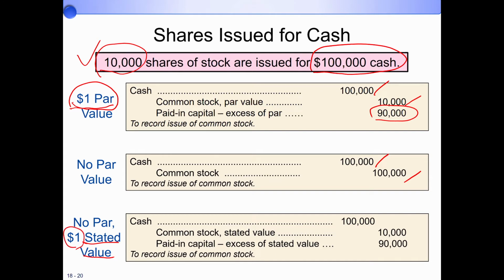Even though it's no par value, we voluntarily choose $1 per share as a stated value, so we're gonna treat it like a par value. You receive $100,000 cash. You calculate the total stated value: 10,000 shares times $1, so the total stated value is 10,000. You credit common stock for 10,000, and whatever the remaining part is goes to additional paid-in capital.